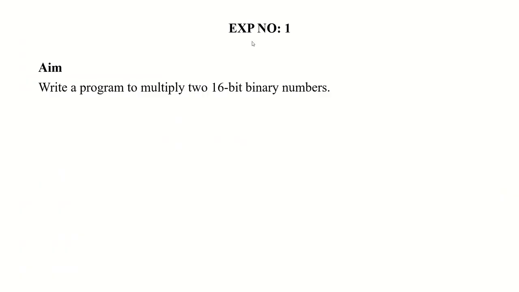First experiment aim: write a program to multiply two 16-bit binary numbers. Here we have to consider two 16-bit binary numbers, multiply them, and put the answer in a destination register.